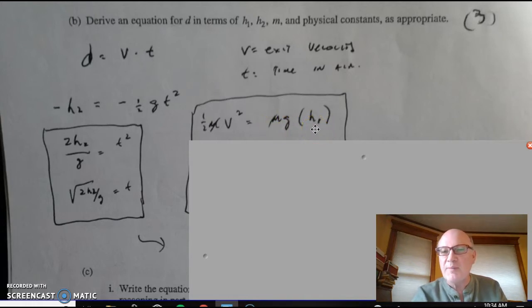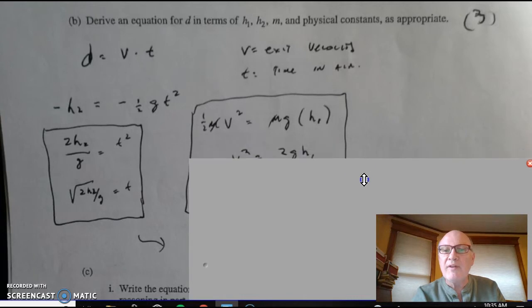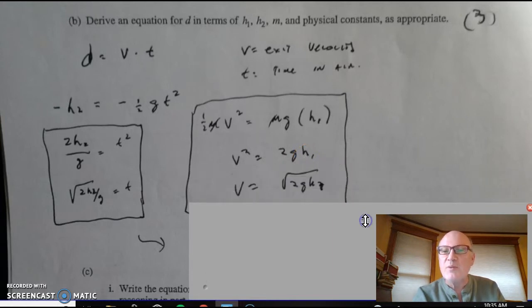That's the change in the potential energy, m times g times the distance from the release point to point P. So it's got h1 in it, and the masses cancel, all right? And I'm off to the races here. V squared equals 2 times g times h1, and then v is the square root of 2gh1.